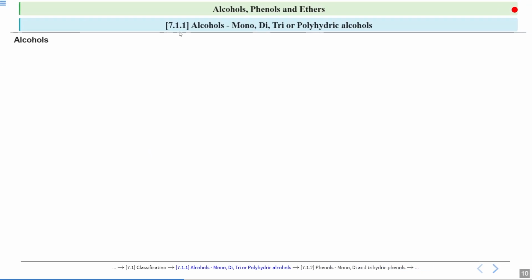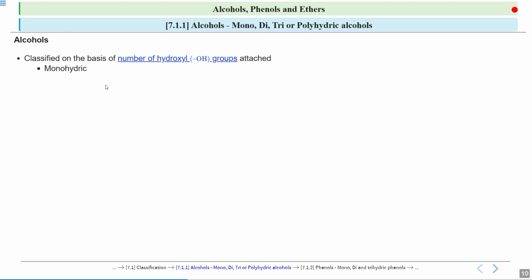Now let's talk specifically about section 7.1.1, that is alcohols, in which we will talk about mono, di, tri or polyhydric alcohols. Alcohols are classified on the basis of the number of hydroxyl groups attached. We just saw that how many hydroxyl groups are present in a molecule, in an alcohol, we can classify on this basis. So the first is monohydric.